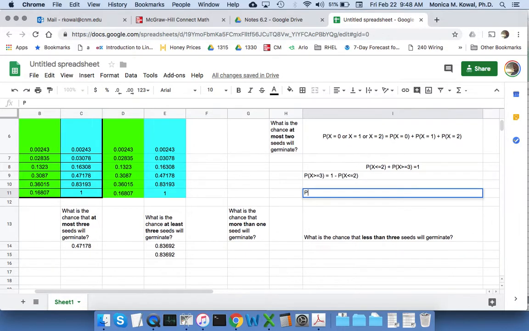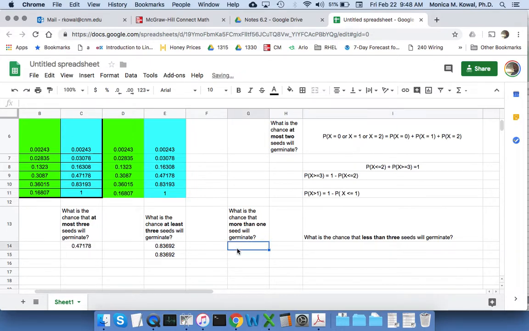And so the probability that x is more than 1 is going to be equal to 1 minus the probability that x is less than or equal to 1. Right? So the chance that you'll have more than 1 seed germinate is 1 minus the chance that you'll have less than 1 seed germinate or exactly 1 seed germinate.